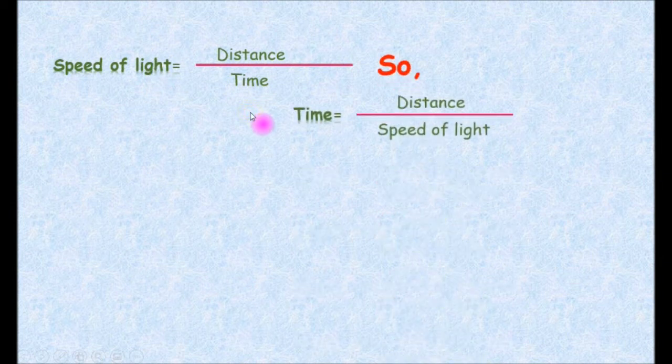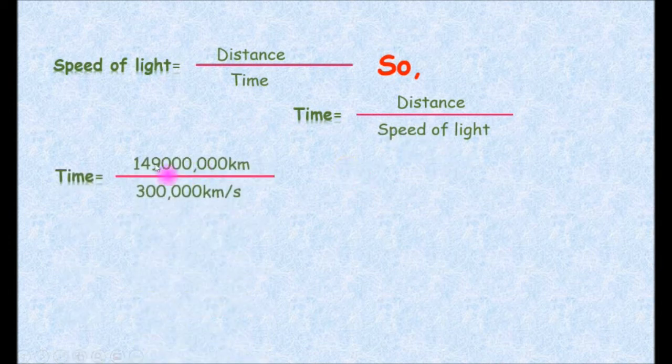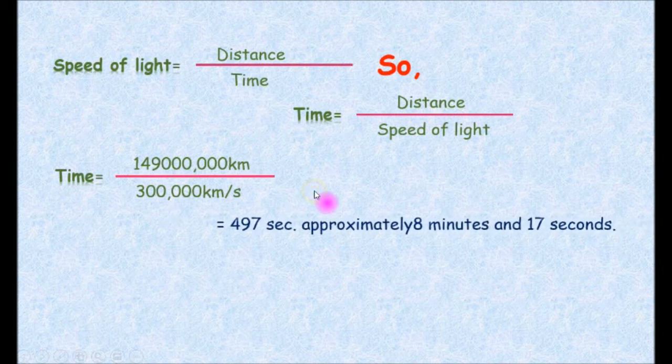So the time equals distance divided by speed. The distance is known, and also the speed of light is known. So the time will be 497 seconds, approximately 8 minutes and 17 seconds.